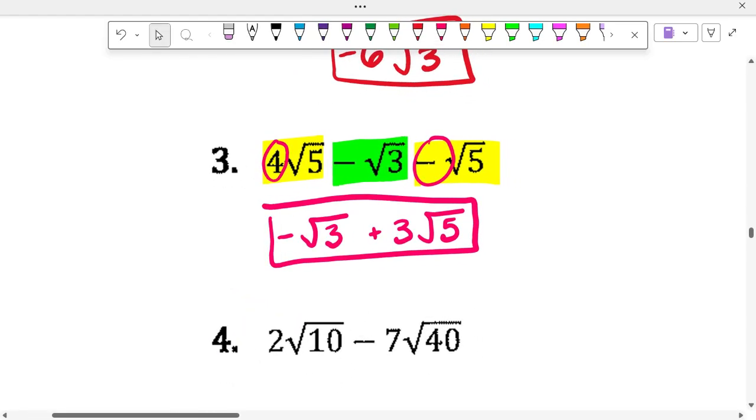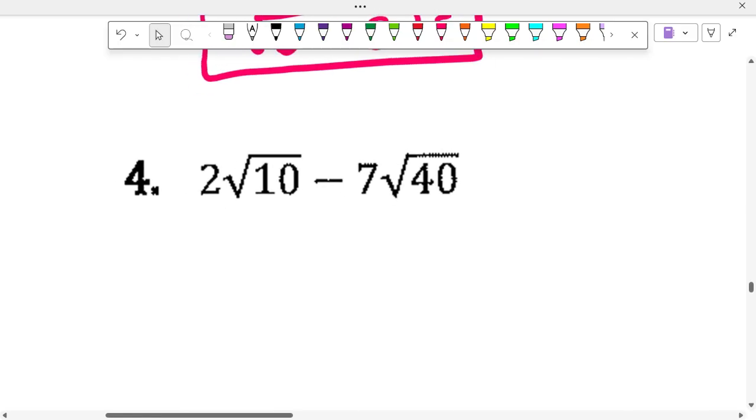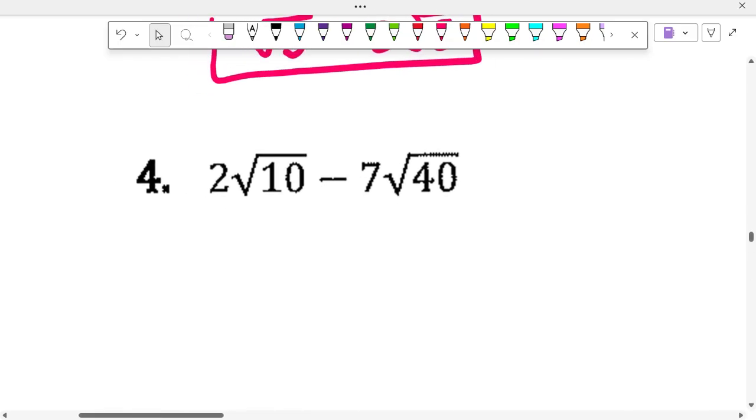Now, look at number 4. These are kind of all by their lonesome. They don't have anything we can combine, but what do you think I can do to those radicals? Could we possibly simplify it down to where we get something with the same radicand?